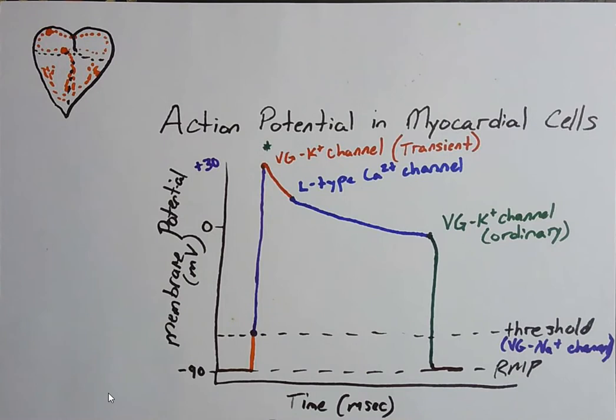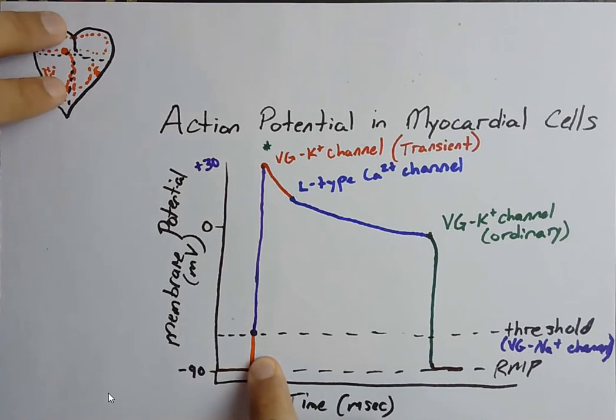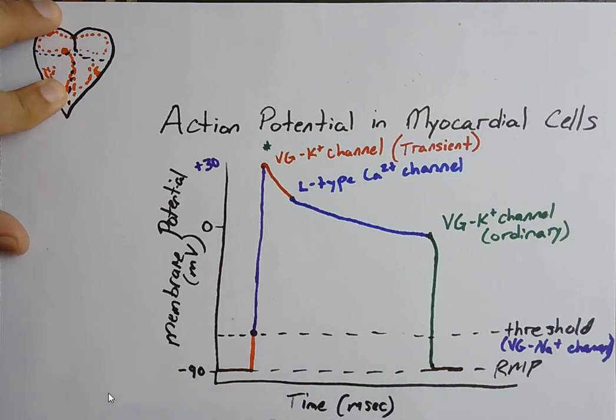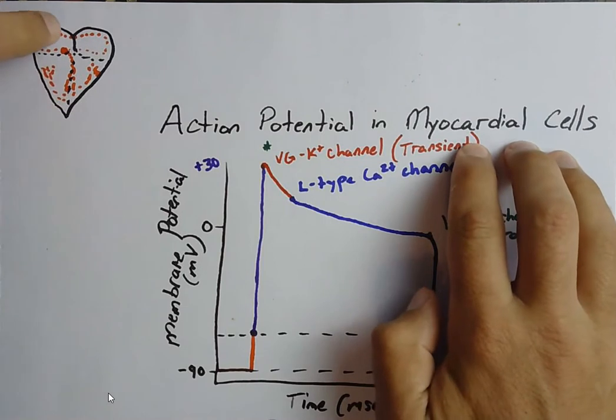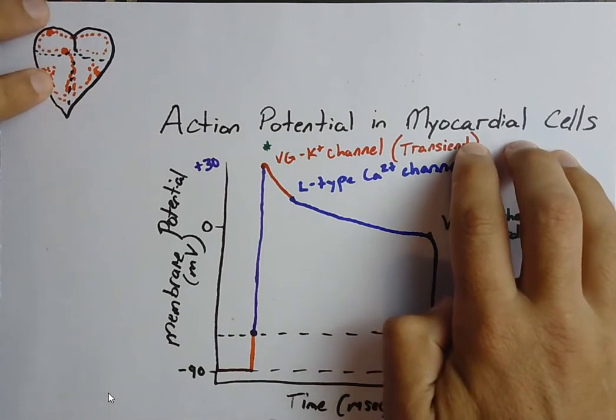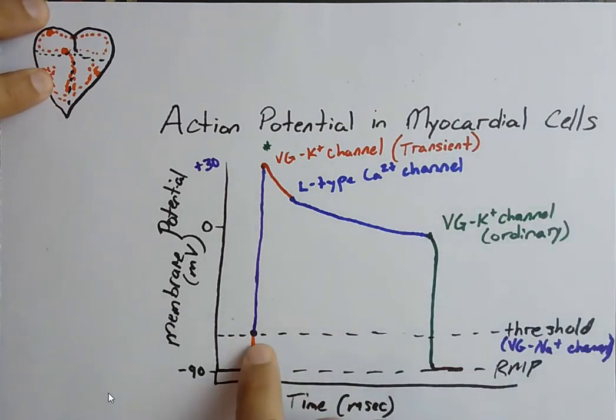So that's the short and sweet of the action potential for myocardial cells. The first portion of this curve had to do with the current arriving from the autorhythmic cells through the conduction pathway. And as it reaches the myocardial cells, whether they're atrial myocardial or ventricular myocardial cells, it doesn't matter. On those cells, there are voltage-gated sodium channels.